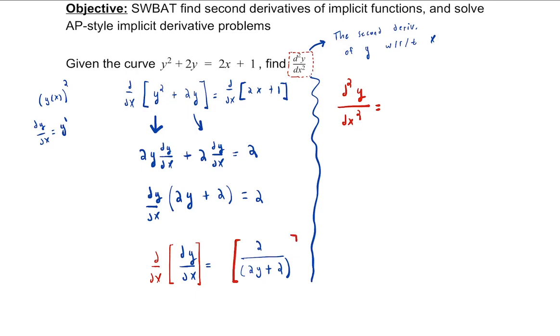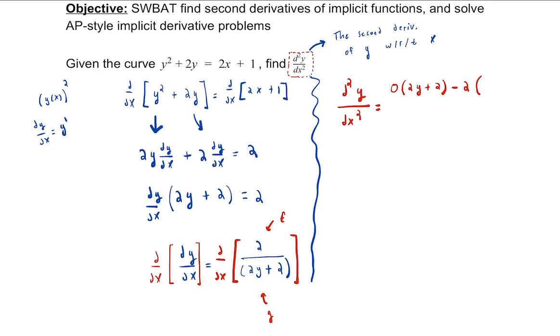When we take the next derivative with respect to x here, this is going to require the quotient rule. Remember, 2 is going to be f in this case, and 2y plus 2 is going to be g. So we have f prime, oh, this makes it easy: f prime is 0, times g, so 0 times 2y plus 2, minus f g prime.